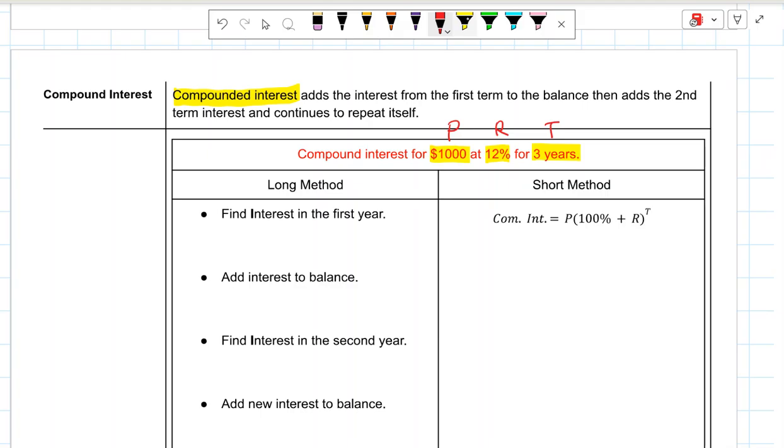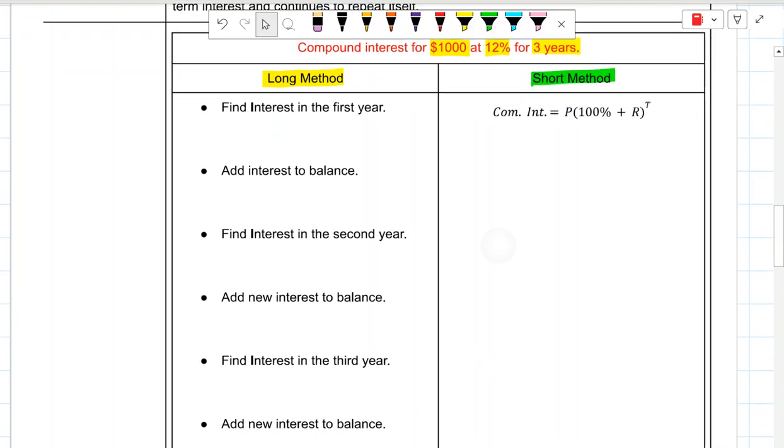Now there are 2 methods to do this, the long method and the short method. Before we do the short method, I want to show you how painful the long method is. But the long method is very easy to understand. So take notes here. First of all, find interest in the first year. How many years are we doing? Only 1.